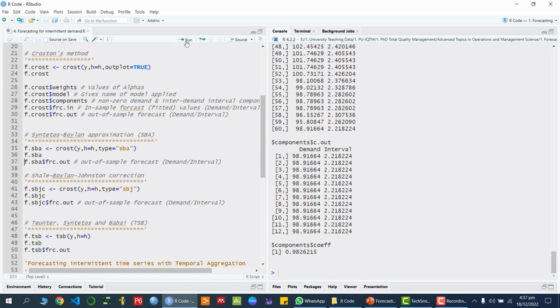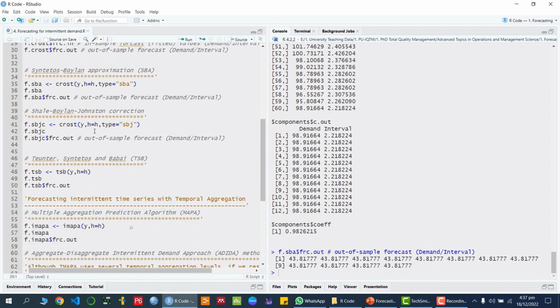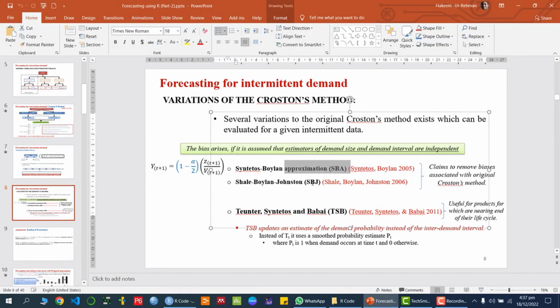These are the out-of-sample forecasted values against the 12 months: in every month, what the forecasted value would be. Then I'm going to apply the third method, which was proposed in 2006.